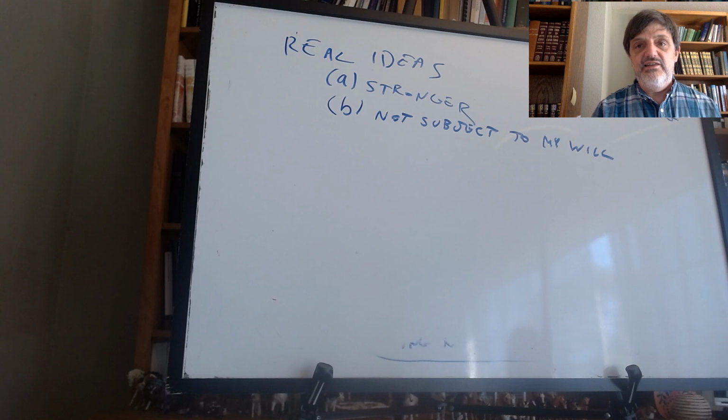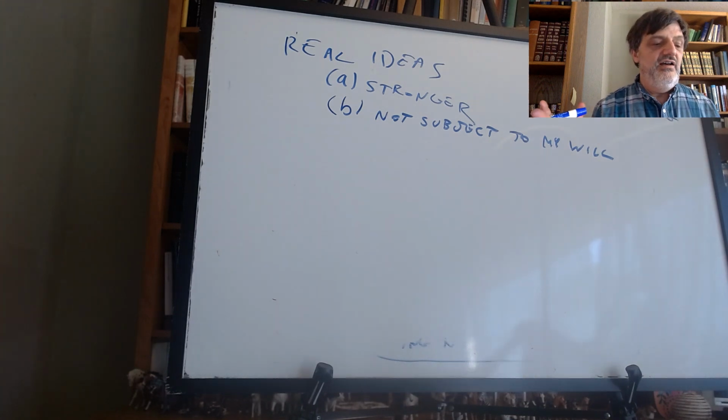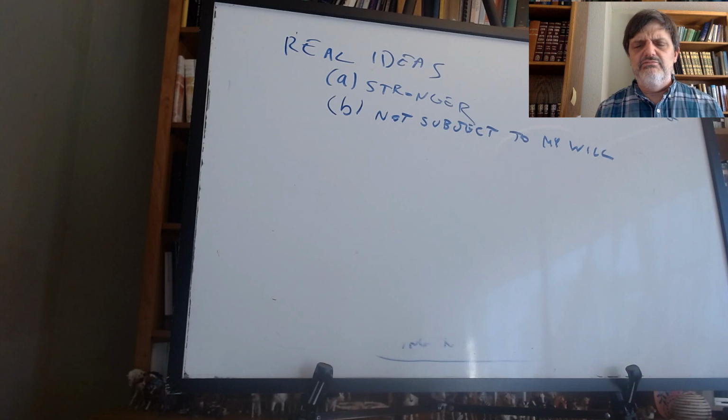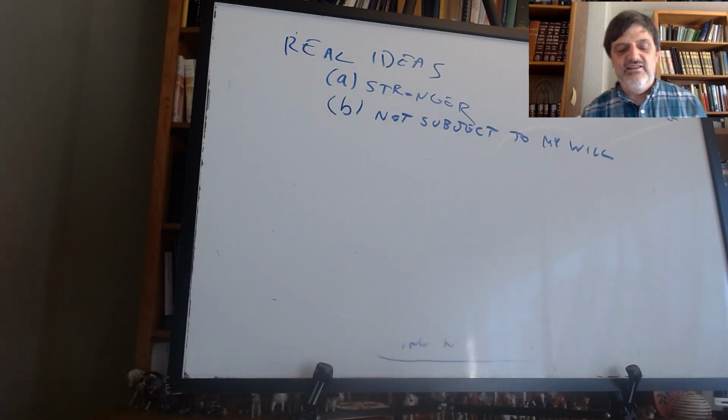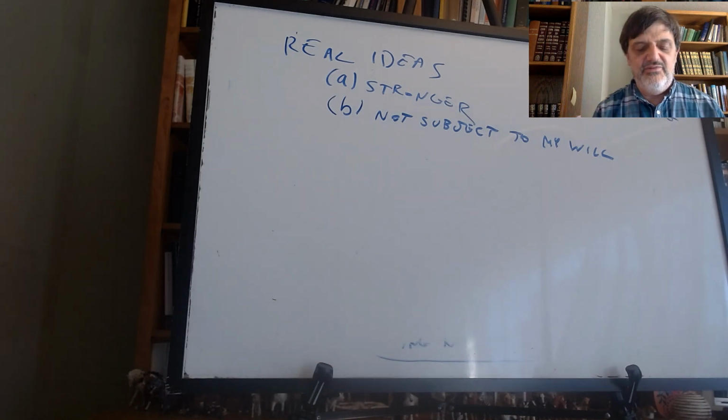Whereas the imaginary or unreal ideas are, at least to some extent, subject to my will, I can get them to come and go away. The real ideas are not subject to my will. If I open my eyes in the daylight, I can't help but see, as his example, pretty much the same as Descartes' example about this.